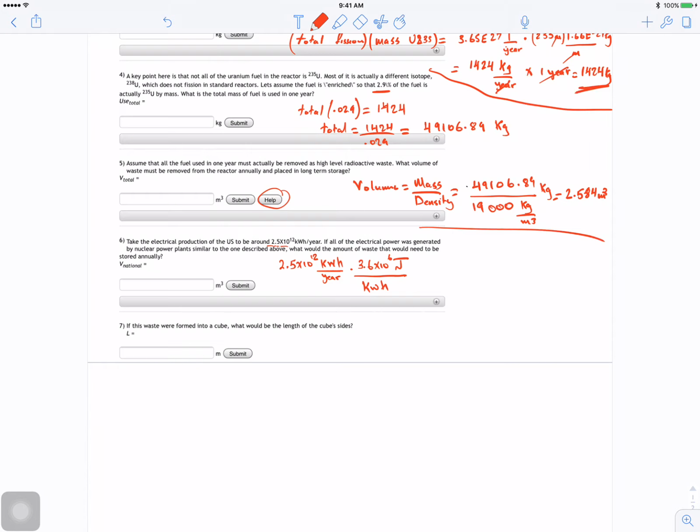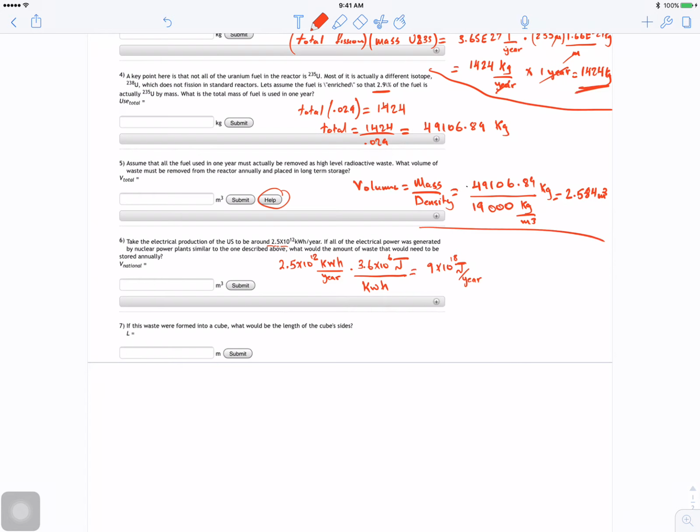Each kWh is equal to 3.6 e to the 6th. That will give us the answer in joules, which is 9 times 10 to the 18 joules per year.